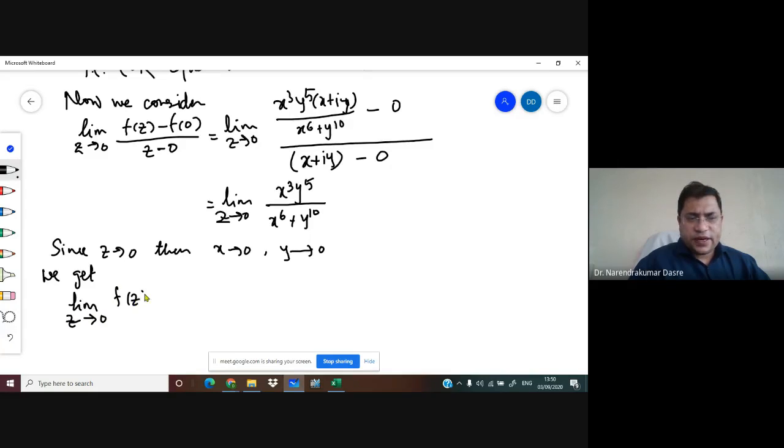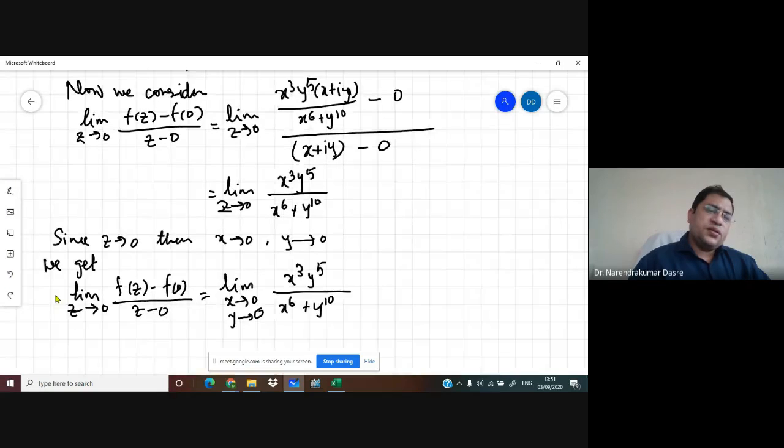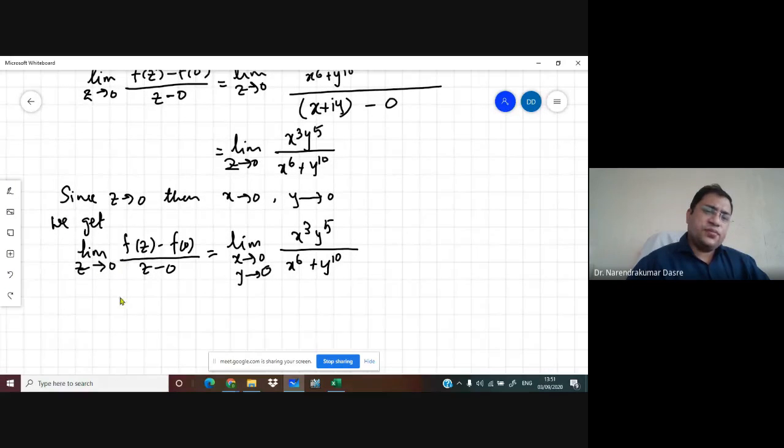F of z minus f at 0 upon z minus 0. And this we got: limit x tends to 0, y tends to 0, of x cube y raised to 5 on x raised to 6 plus y raised to 10. So now this is the limit that we have to calculate.